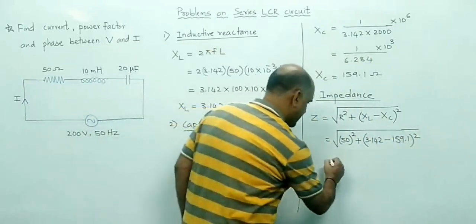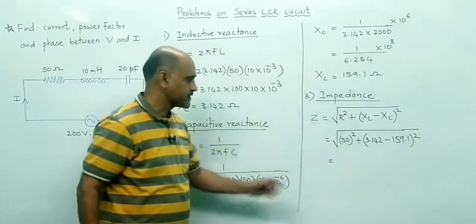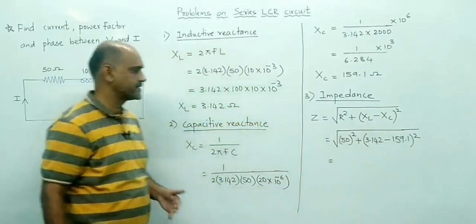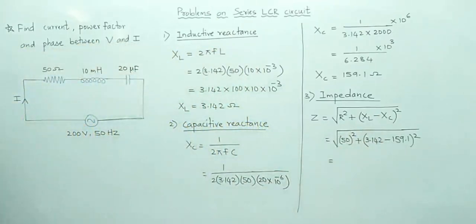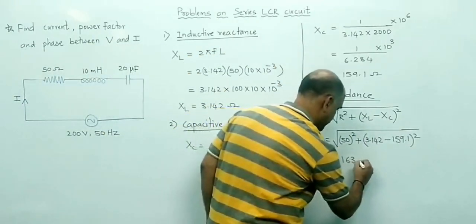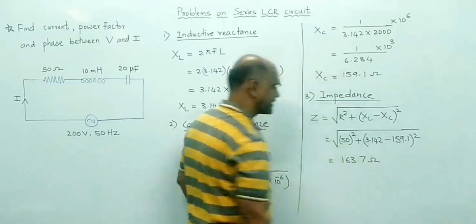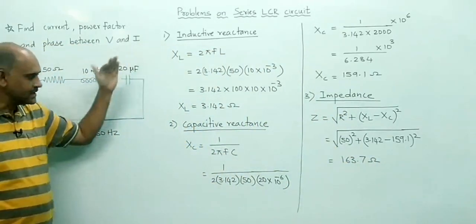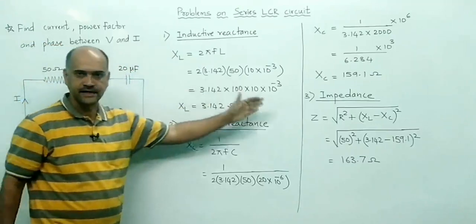So you simplify this using a calculator. 50 square, you subtract this and square it, then finally you take the root. You will have the Z value 163.7 ohms. Clear, students? First we have found XL, XC, Z.